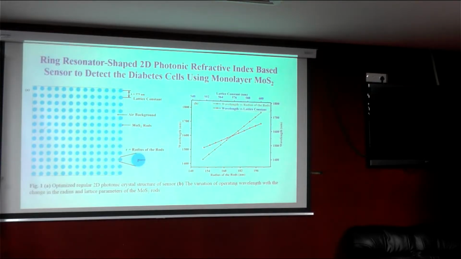Then we optimized the radius of the rod against wavelength and the lattice constant against wavelength. The blue line corresponds to lattice constant versus wavelength, and the black line corresponds to wavelength versus radius of the rod.